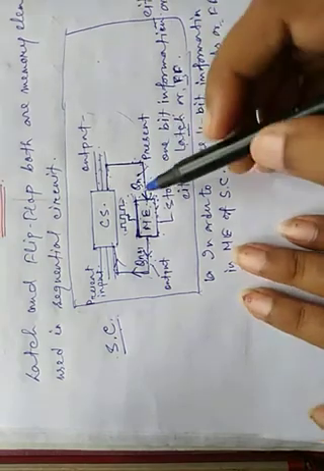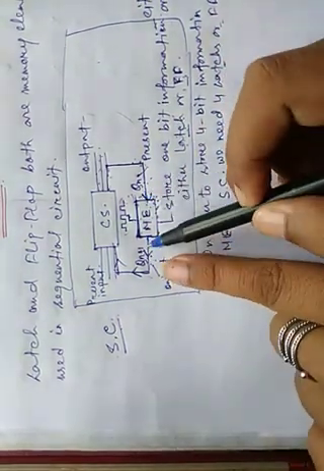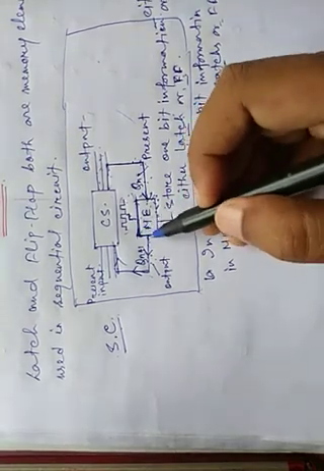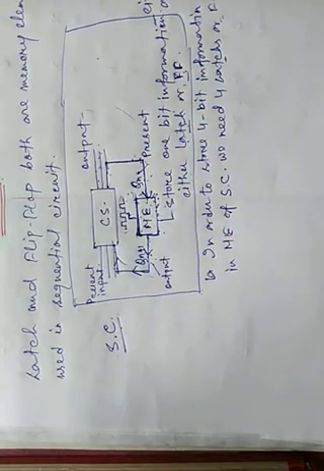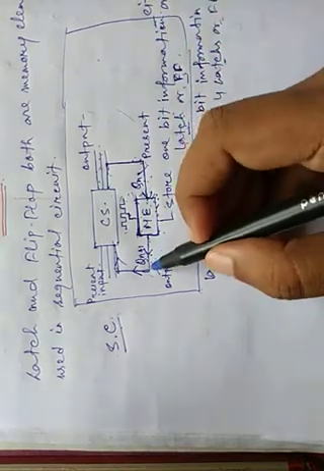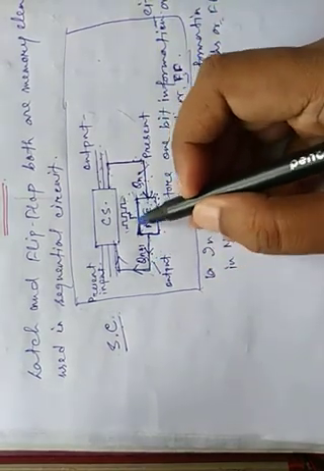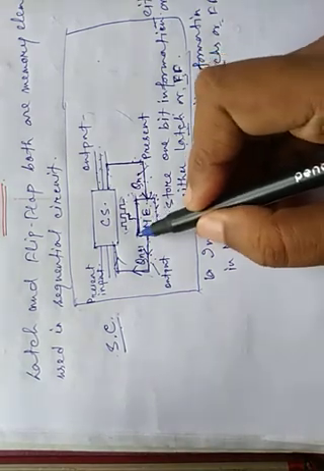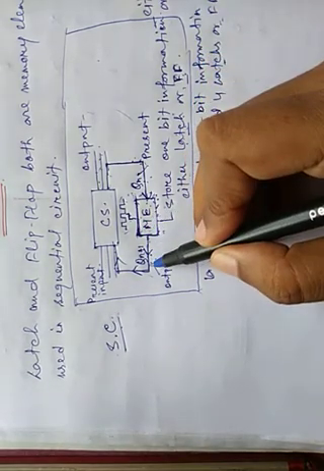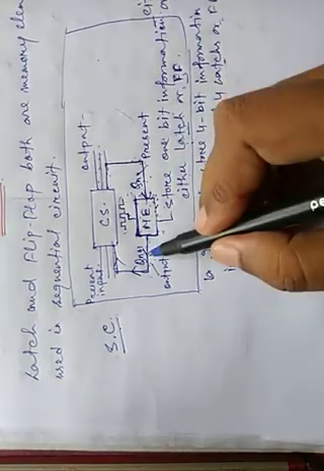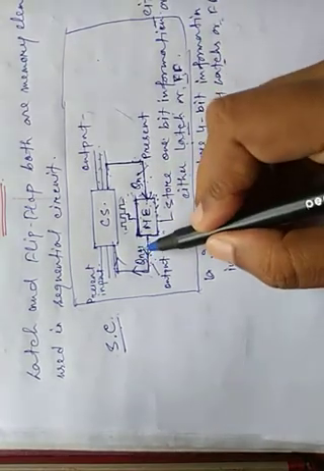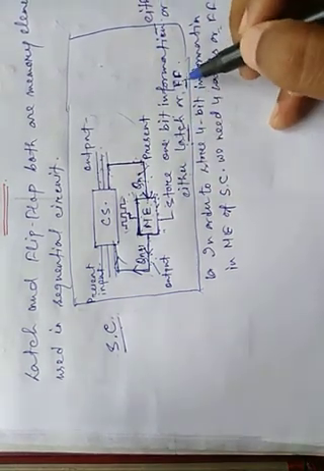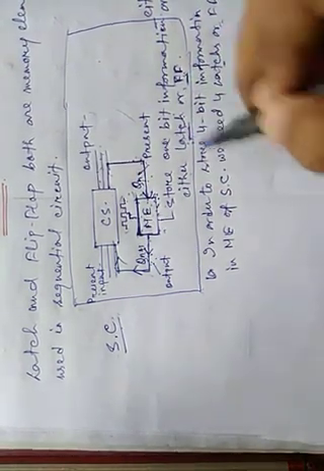With a flip-flop, we can stop the output according to the clock signal, but for a latch we can't stop it; it changes according to its input value. So this is the main difference between flip-flop and latch.